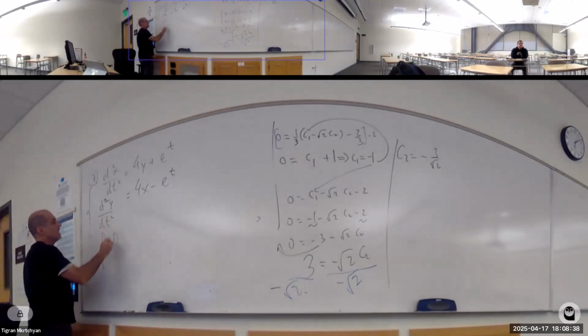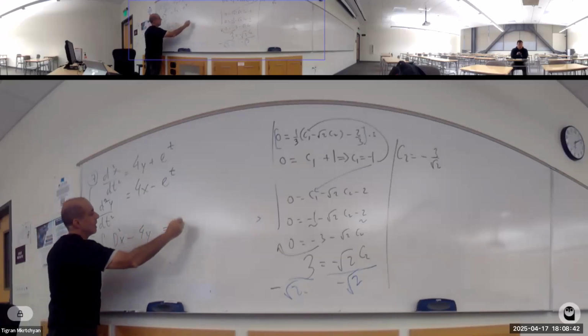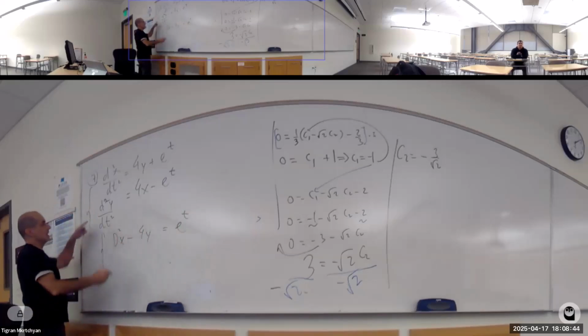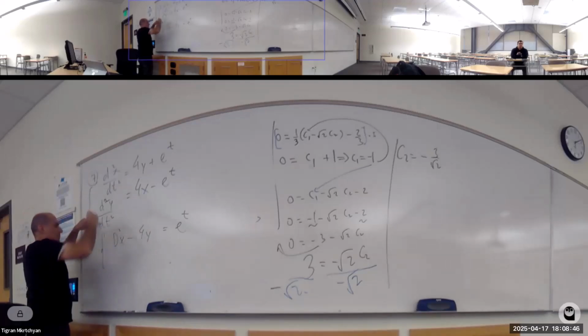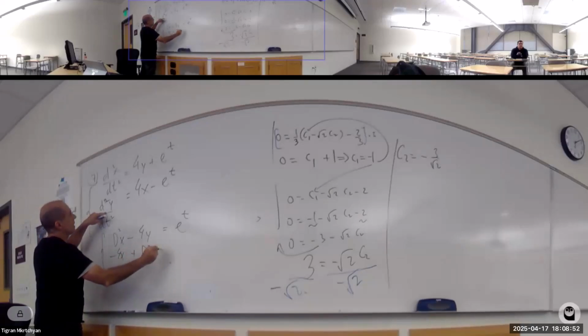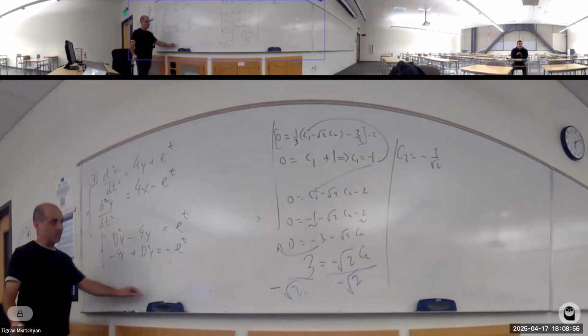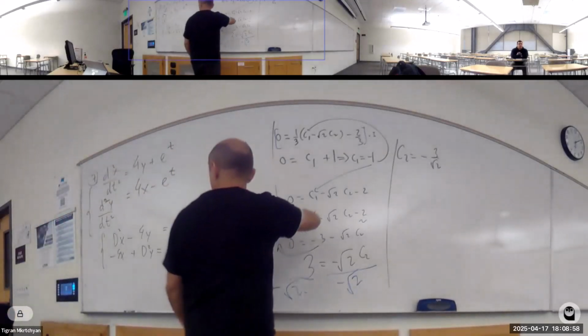So it's d squared x minus 4y. I move the x first, and then I write the y equals this. I think if I'm not wrong, that's the way.